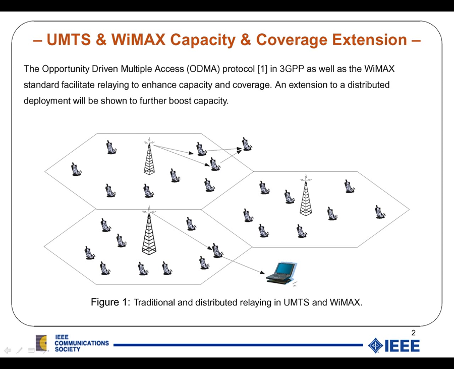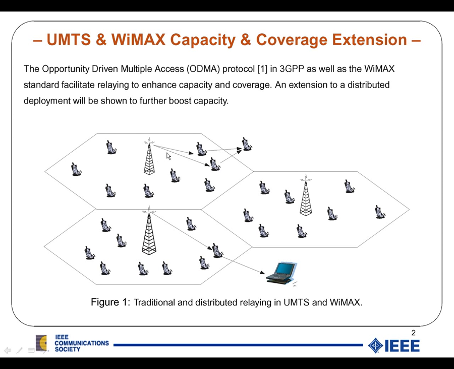Imagine that a few mobile terminals are actually out of range of these cells, such as that laptop right here. Now what we could imagine is we use a mobile terminal at the cell edge to relay in a cooperative fashion the data to that terminal out of range.